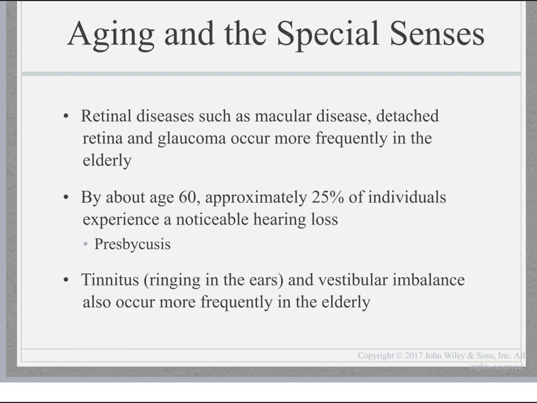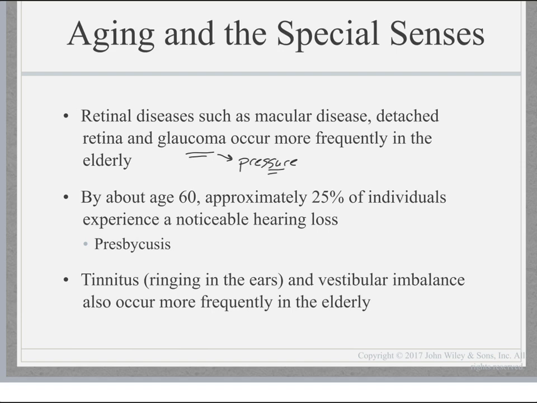We could look at some diseases. Retinal diseases such as macular disease, detached retina, and glaucoma occur more frequently in the elderly. Remember, we said glaucoma was a buildup of pressure in that anterior chamber, right? So where we're not draining enough aqueous humor into those canals of Schlemm.